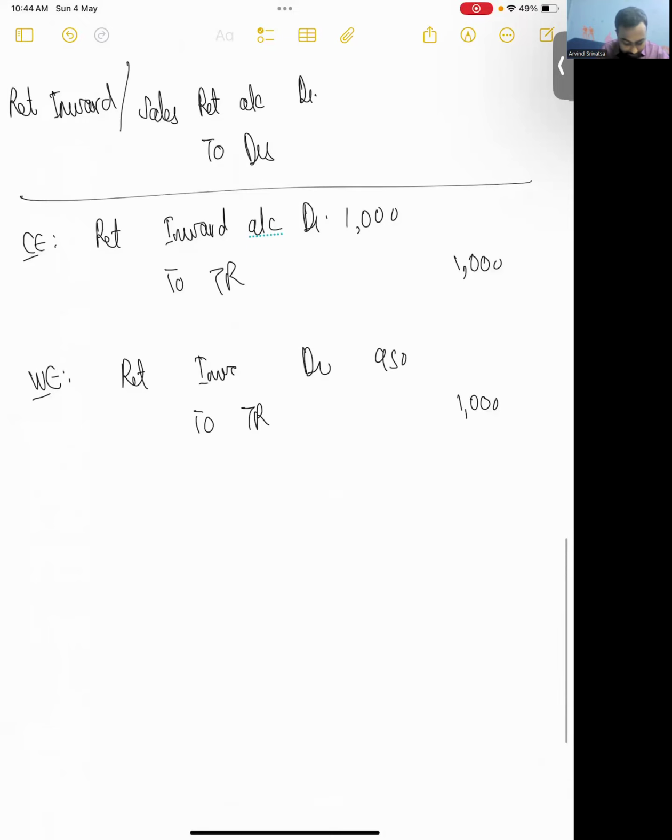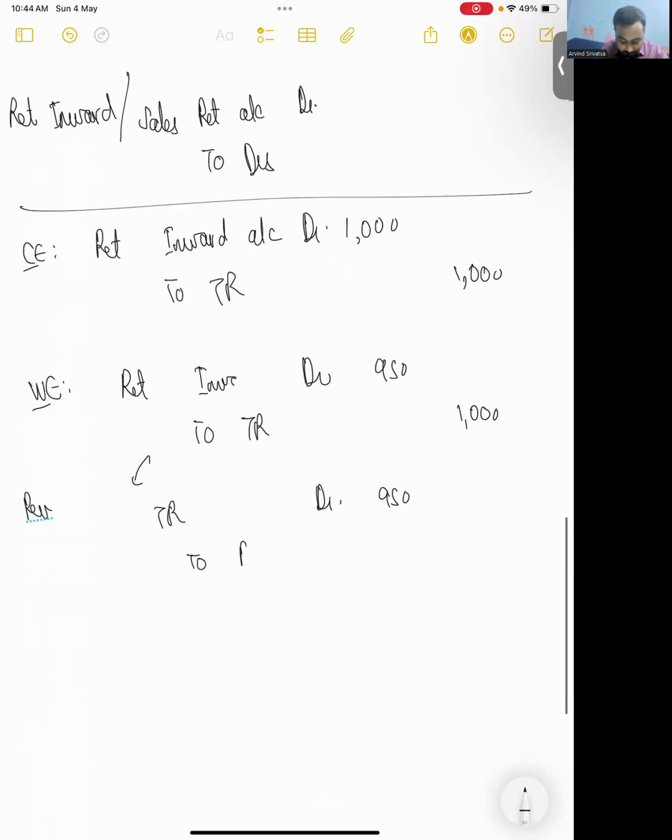You will reverse the wrong entry, reversal: trade receivables debit 1000 to your returns inward 950. Your rectification entry, so basically forget this. Trade receivables will get cancelled.